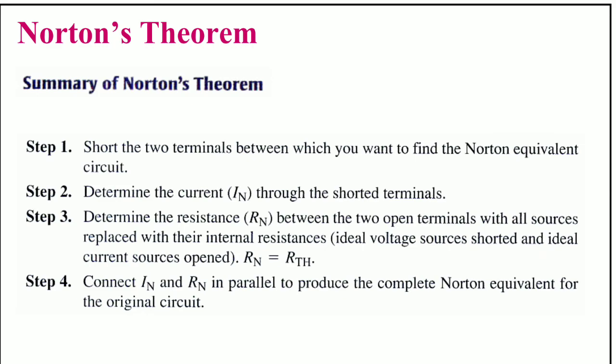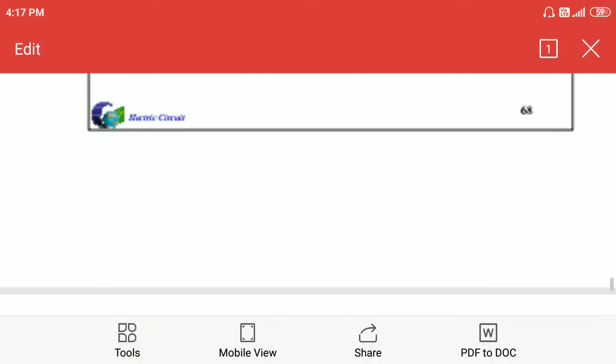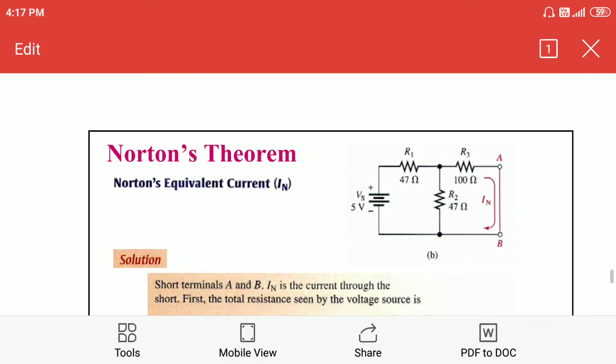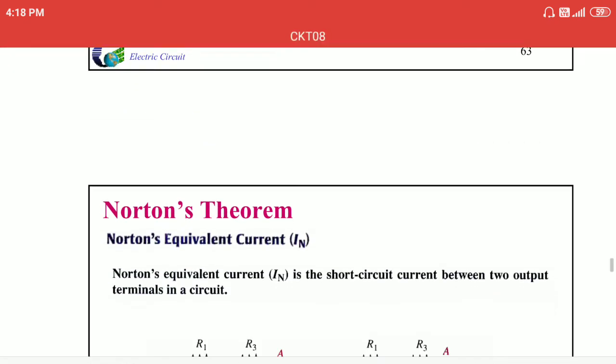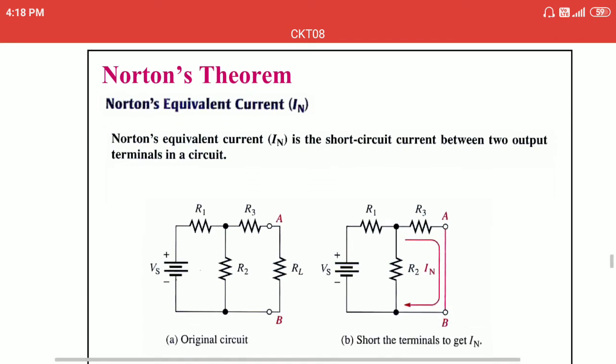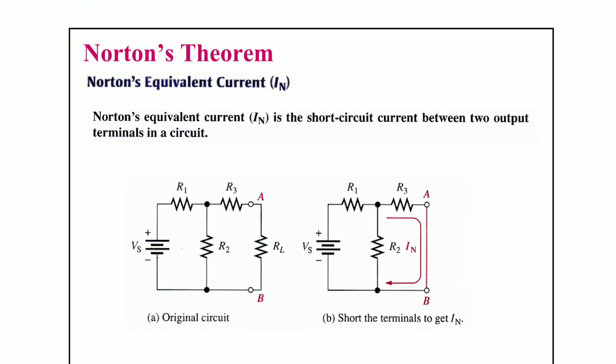to give the complete Norton's equivalent for the original circuit. See once again, observe the Norton's equivalent current. Here the original circuit is drawn and terminals A and B are connected with the load resistance.